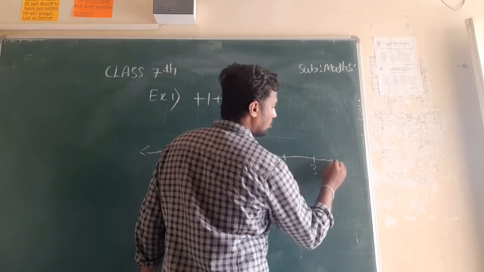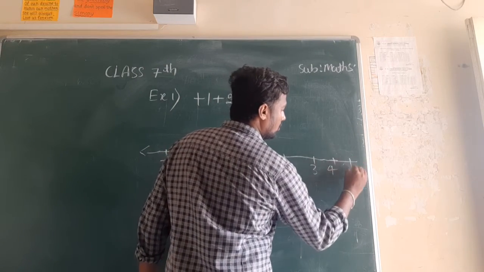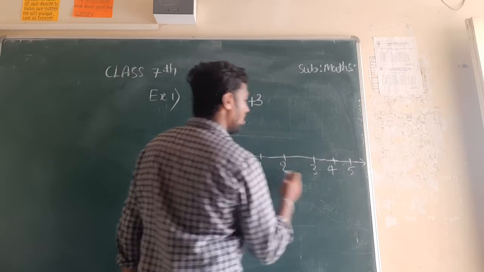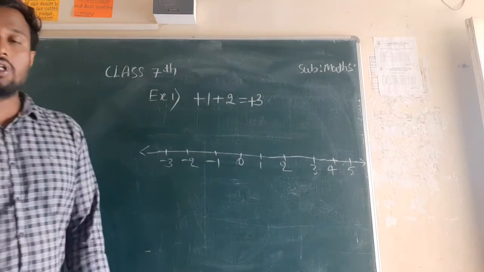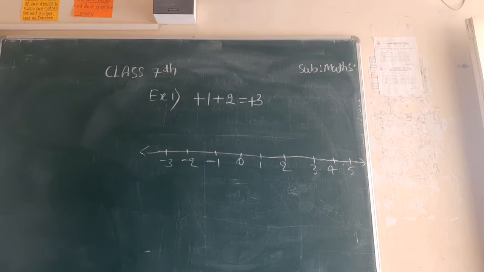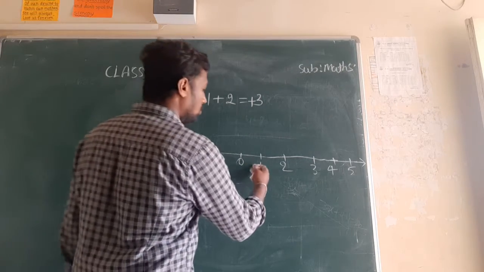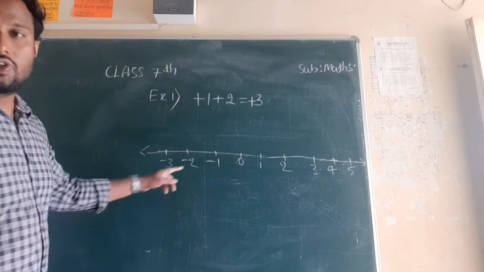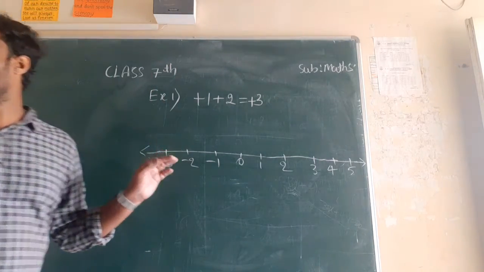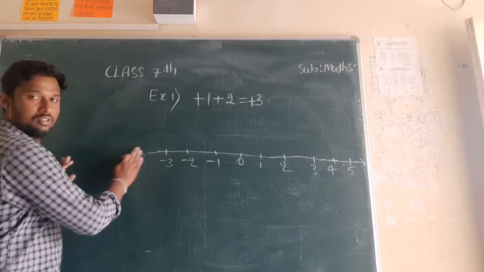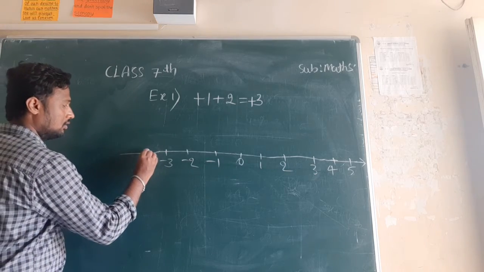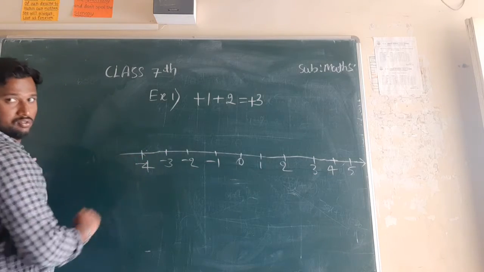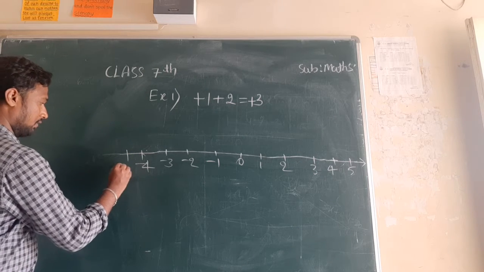Otherwise, I will consider some more numbers, 4, 5. I have not written +1, +2, +3. Don't get confused with that. When no symbol is there, it means there will be plus only. But here in front of the negative integers we have to mention minus. So here -3, -4, -5.